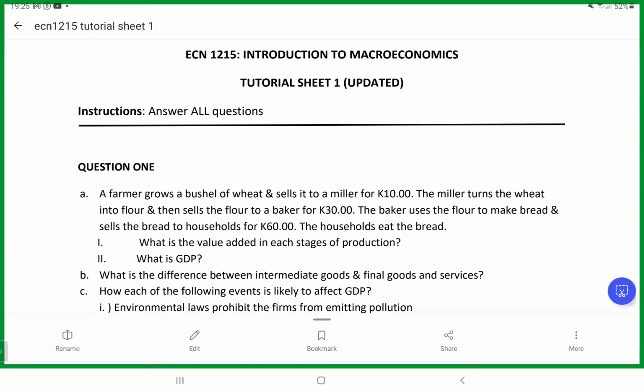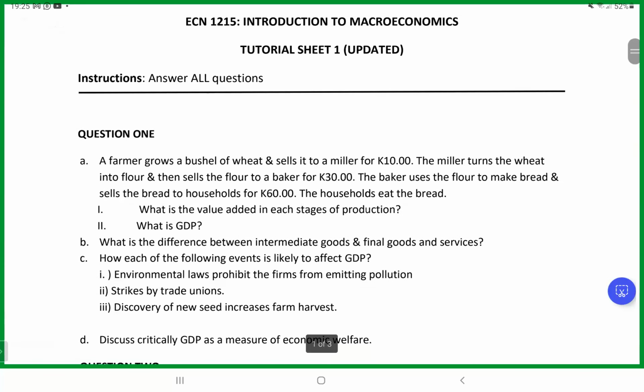All right. So the question number 1A reads, a farmer grows a bushel of wheat and sells to a miller for 10 kwacha. The miller turns the wheat into flour and then sells the flour to a baker for 30 kwacha.